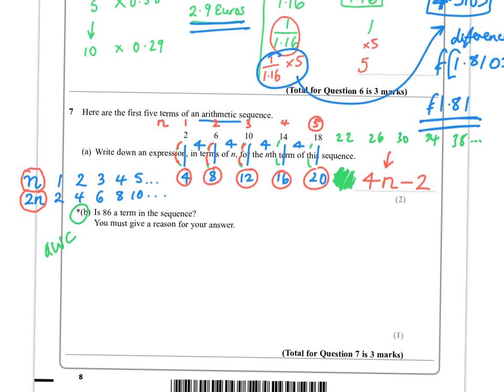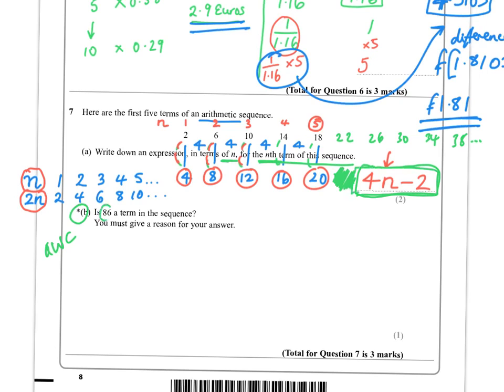But we know that any number in this sequence can be represented by this expression. That's why it's called, in terms of n, the nth term. So n stands for whatever you want. So first, second, third, fourth, fifth, whichever one you want, this is how you represent it.